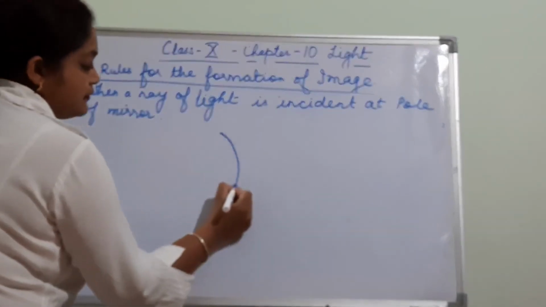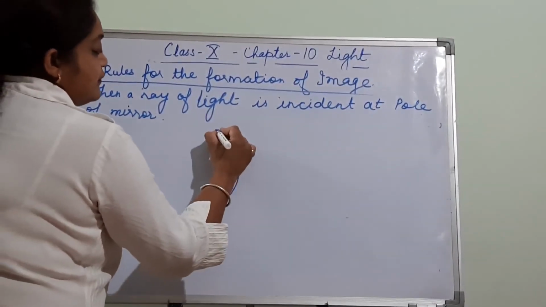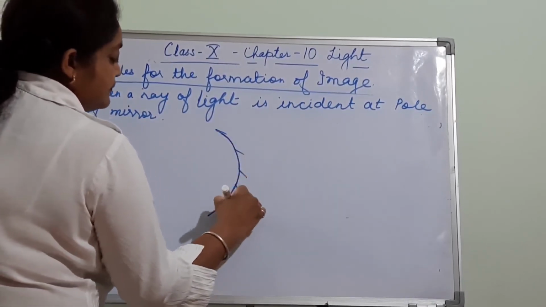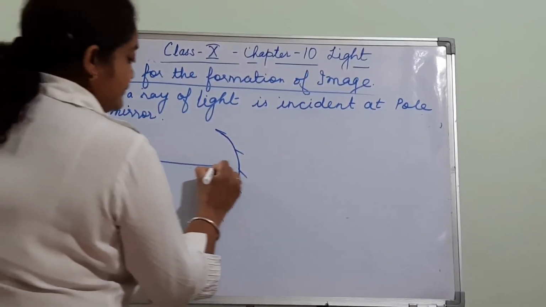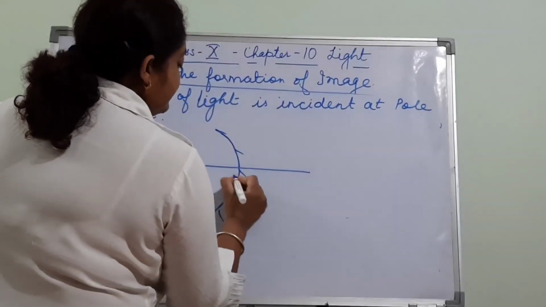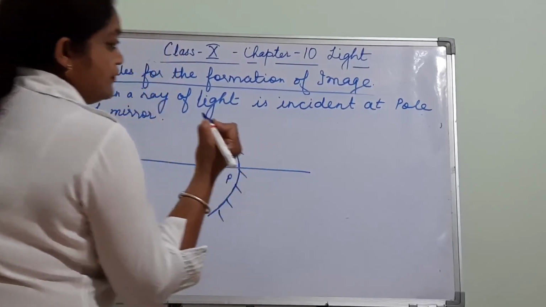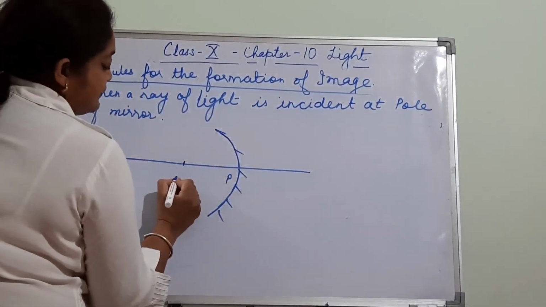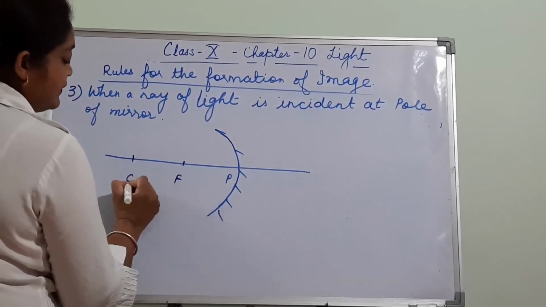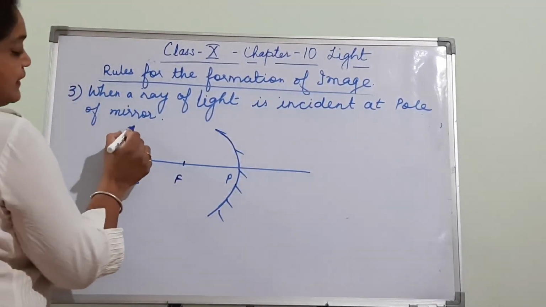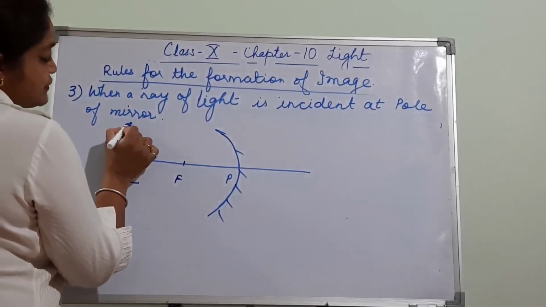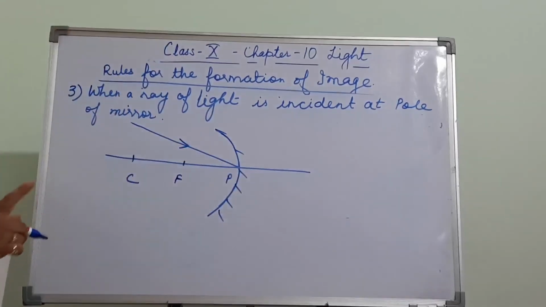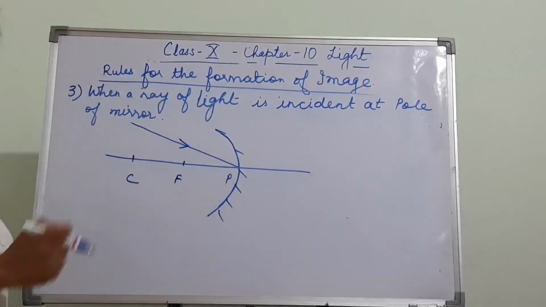So this is a concave mirror, focus and this is center of curvature. Now a ray is coming towards pole. This is the incident ray towards the pole.